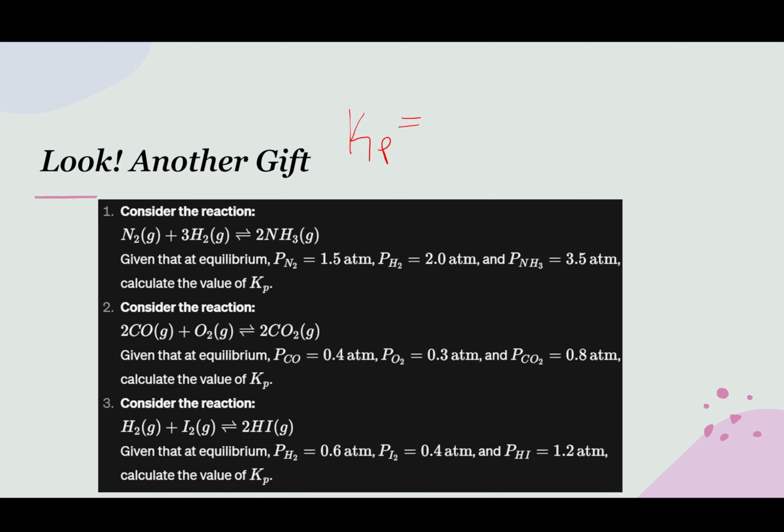KP would be the partial pressure of ammonia, brought to the power of 2, divided by the partial pressure of the nitrogen gas, brought to the power of 1 technically, times the partial pressure of the hydrogen gas, brought to the power of 3. Really simple things, right?